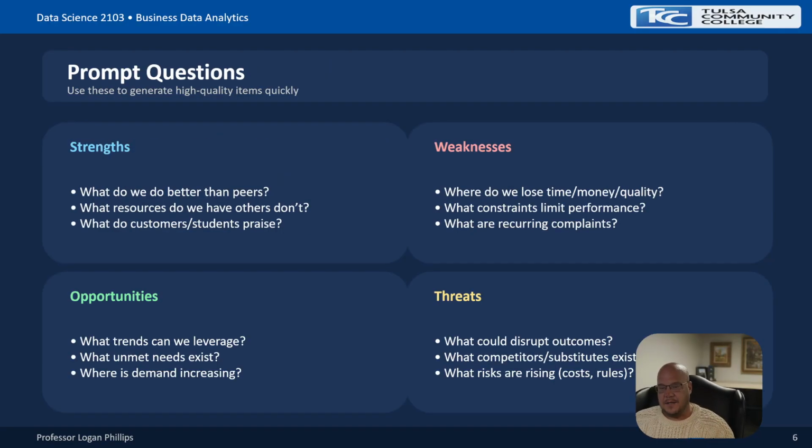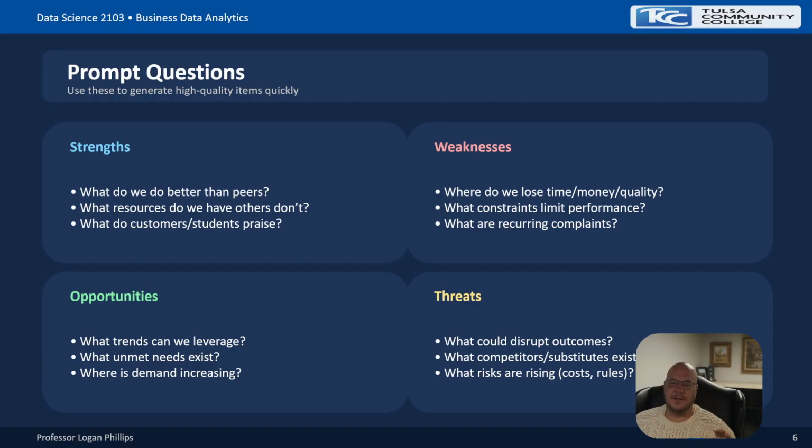If you ever feel stuck, we can use prompt questions like these that force specificity. Strengths, ask yourself, what do we do better than peers? What resource do we have that others don't? What do customers or students consistently praise? Weaknesses, we're going to ask ourselves, where do we lose time, money, or quality? What constraints limit performance? What complaints keep repeating?